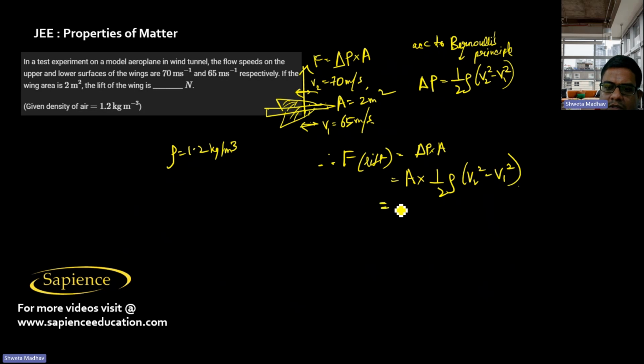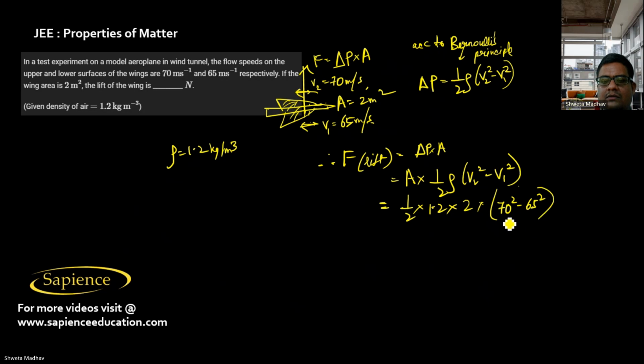So the lift is equal to half into rho, that is 1.2, and area, that is 2, into V2 square, 70 square minus 65 square.